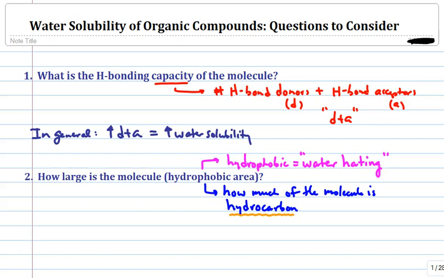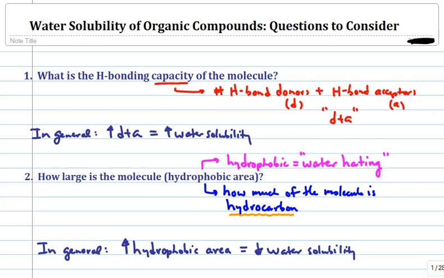So we have a general rule. In general, as you increase what I'm calling the hydrophobic area, the amount of hydrocarbon in the molecule will translate into a decreased water solubility.